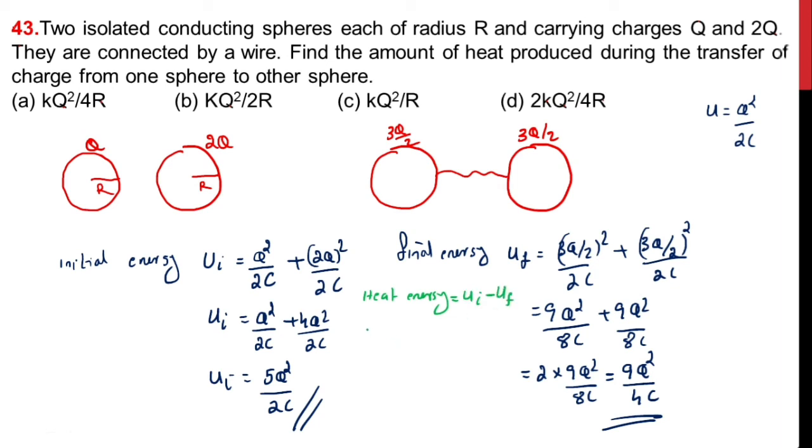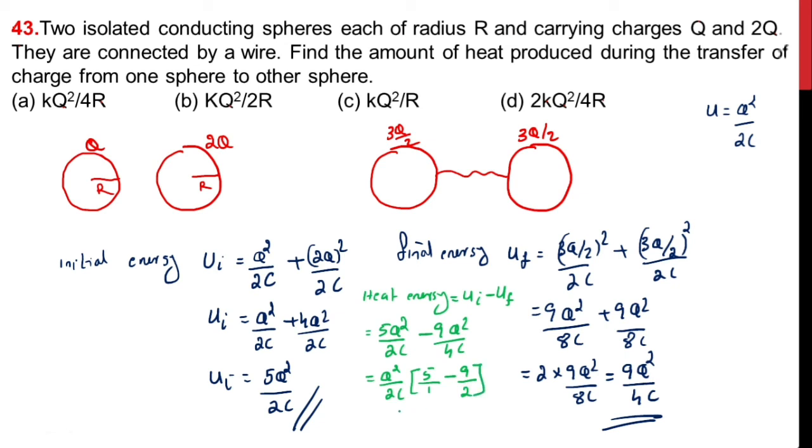So 5q square divided by 2C minus 9q square divided by 4C. Take the common factor q square divided by 2C outside, times 5 minus 9 divided by 2.